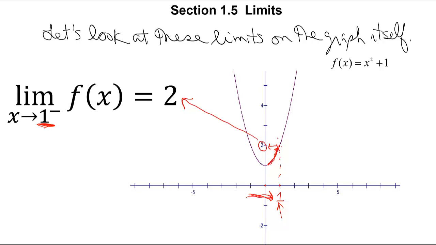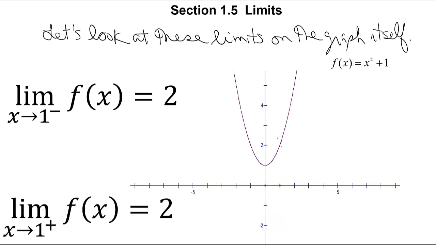And you can see that matches what we knew the answer was from algebraic analysis earlier. So if you look at it graphically, as the x value moves along the x-axis closer and closer to the number that x approaches from whichever direction you ask about, in this case the left, you look at what happens on the curve and see what the y value is being approached, and in this case is 2.